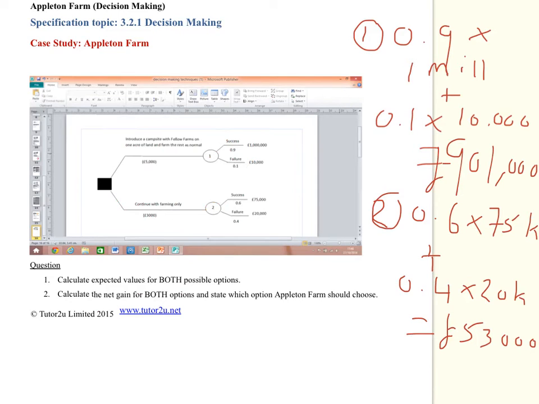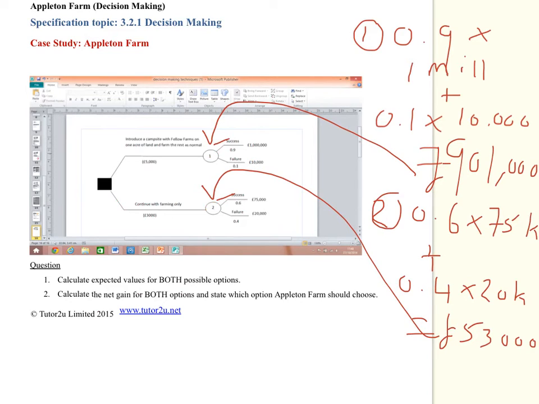So remember, the EVs would be placed above the circle. So the EV figures you would insert above the circle for the first one, and above the circle for the second option. So that's the EVs calculated. However, as we've discussed, this is not the profit figure.